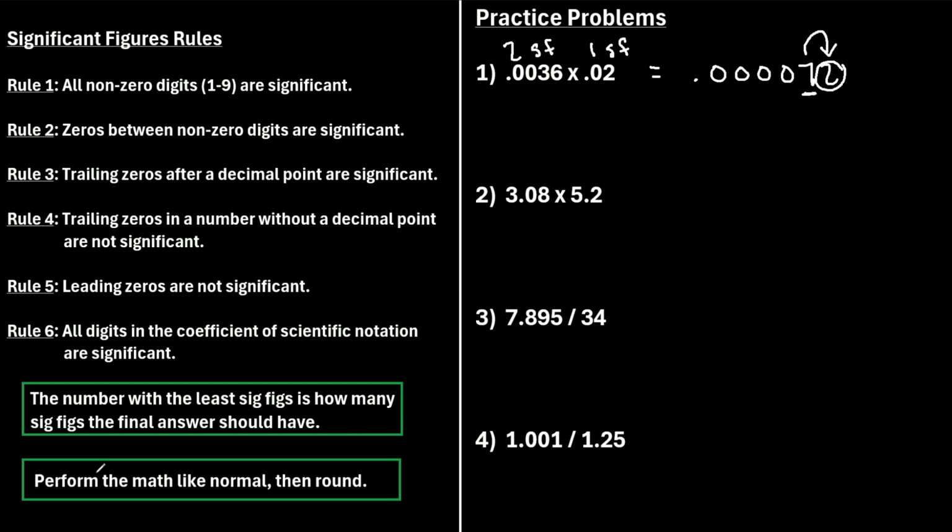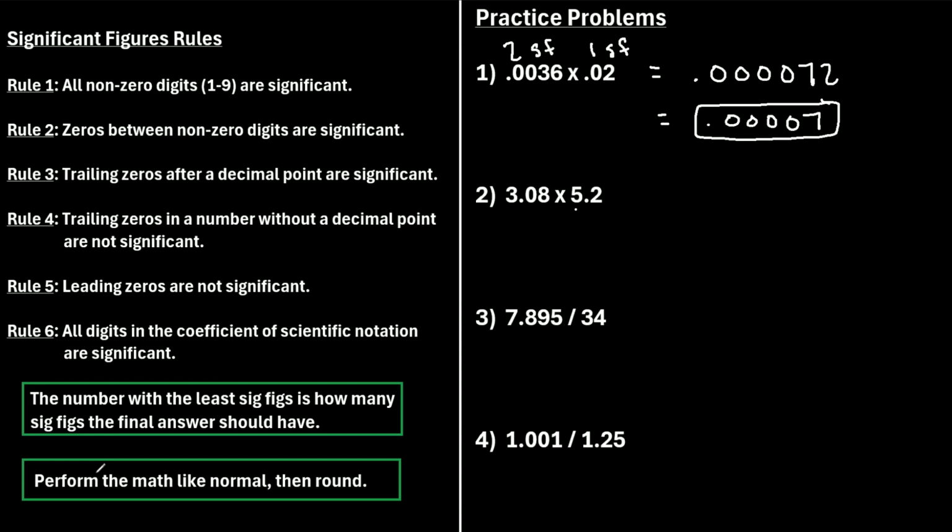So if this number right here is a 5 or greater, we would round this 7 up to an 8. But since this is less than 5, we just keep it as a 7. So our final answer we're going to write as 0.00007. So this is our final answer, and this only has 1 significant figure, the 7 right here, which is what we wanted.